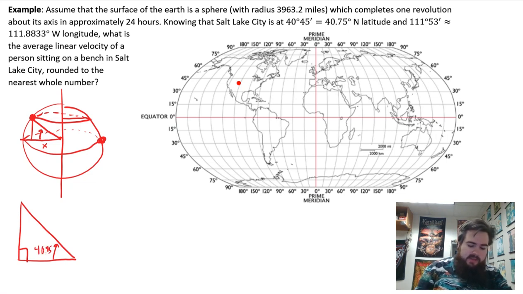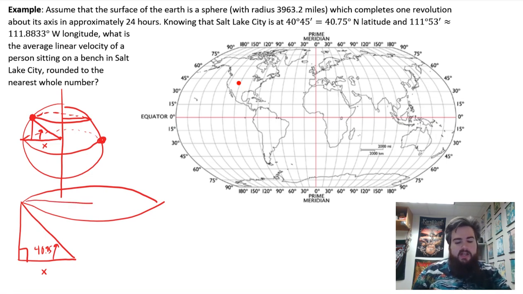And I want to find the x value so that I know what radius of a circle we are sitting upon. Well, we know the hypotenuse here, because the distance out to the edge of the circle is the same as the radius of the sphere, which is 3,963 miles.